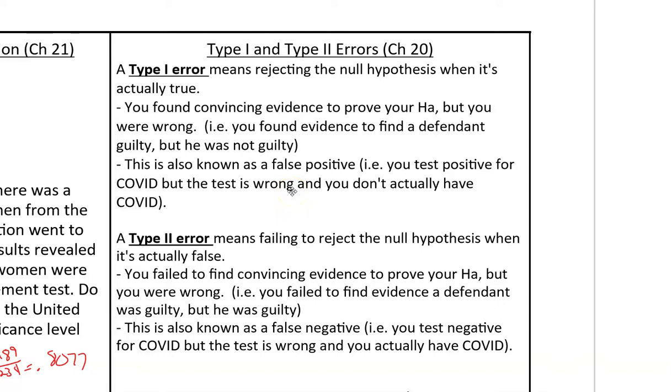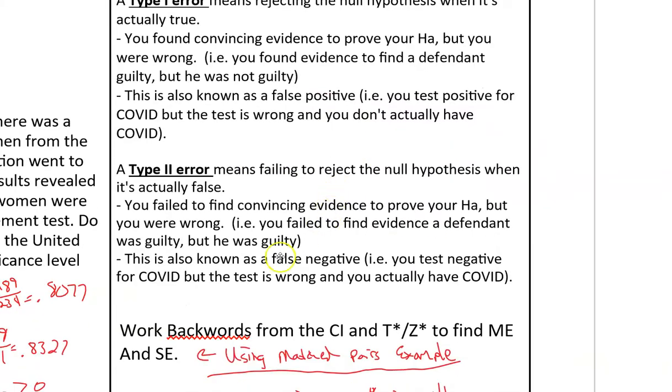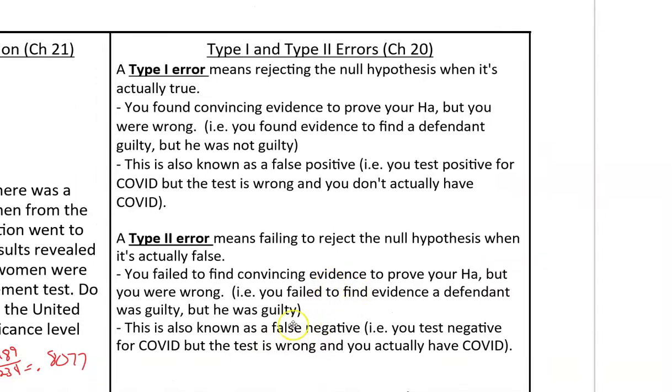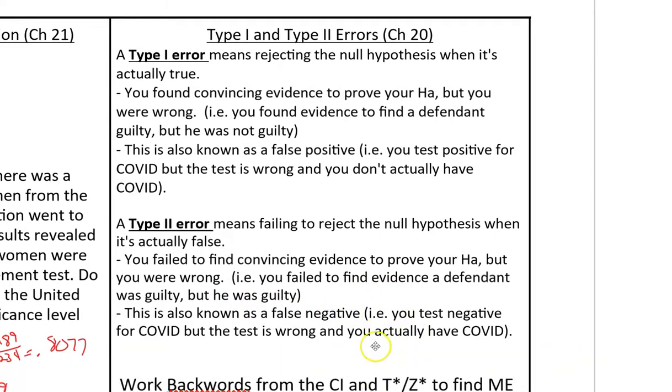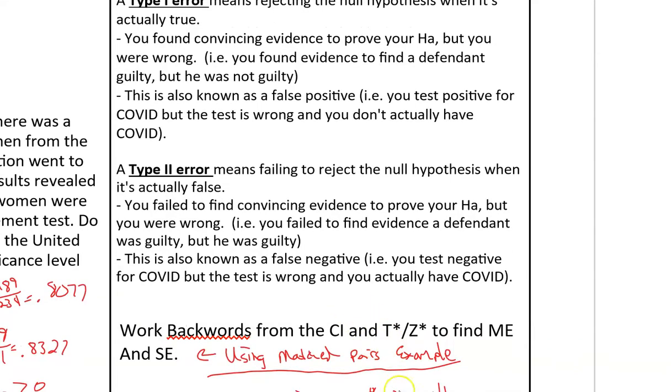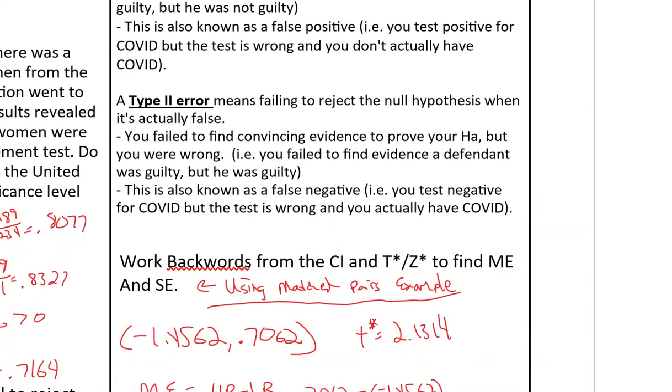It'd be precautions you really didn't need to take. There's not a huge problem there, right? Now with a false negative, where you don't think you have COVID, but you do, you might continue to hang out with your friends and you might spread COVID. So a type 2 error would be really bad in this one, right? So be able to look at random situations and figure out what a type 1 and a type 2 would be in those situations.